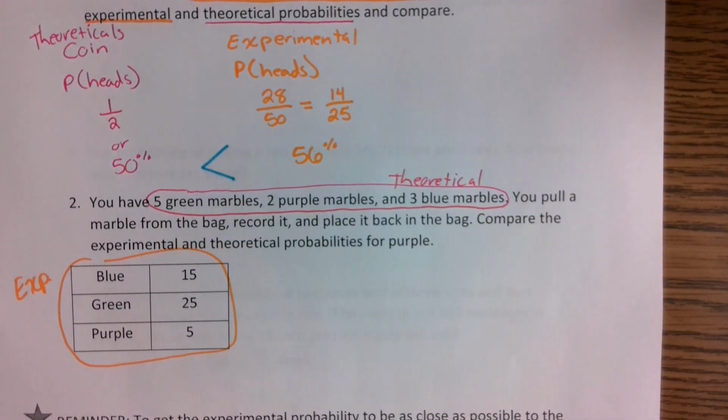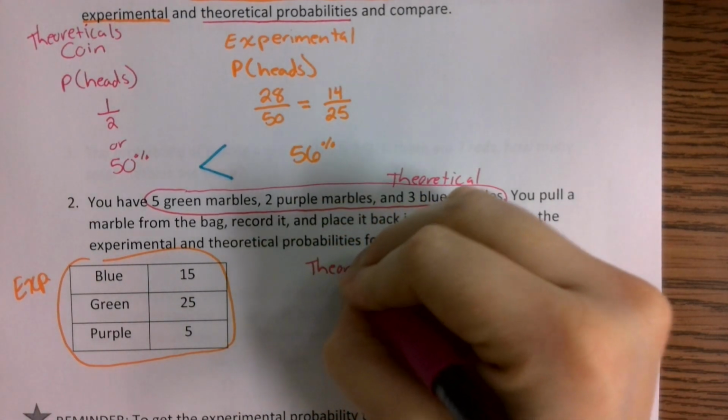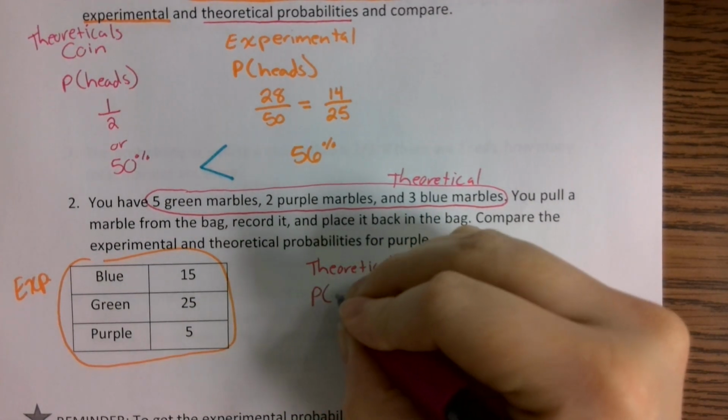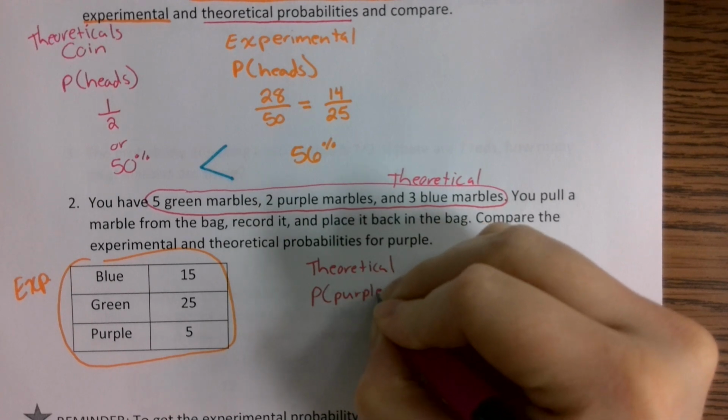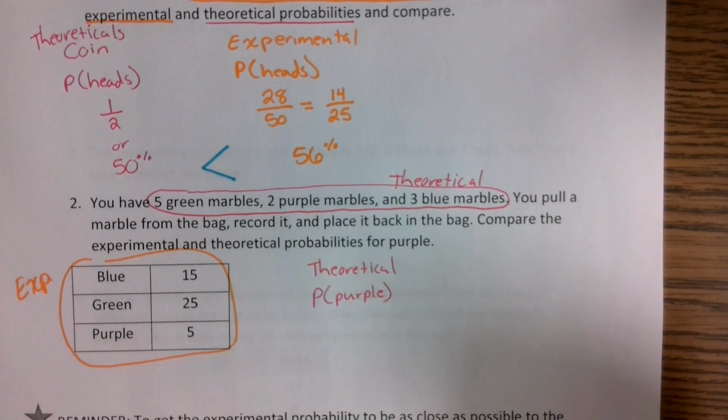So if I actually had a bag and I've got 5 greens, 2 purples, and 3 blues in there, that's how I create my theoretical information. So let's focus on the theoretical stuff first. Theoretically, what is the probability that we're going to pull out a purple marble? So how many purple marbles are in the bag? 2 of them.